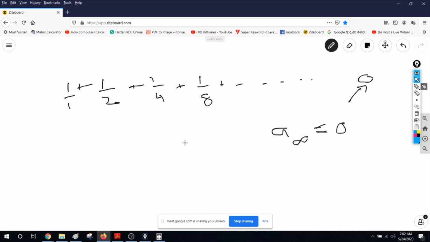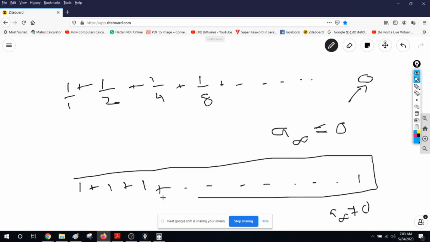But if you have a series like this, 1 plus 1 plus 1 plus, and keep on going, now what is the infinite term? 1. Now you can see that a_infinity is not equal to 0. It is obviously not equal to 0. If the infinite term is not equal to 0, the divergence test says definitely the series is divergent.